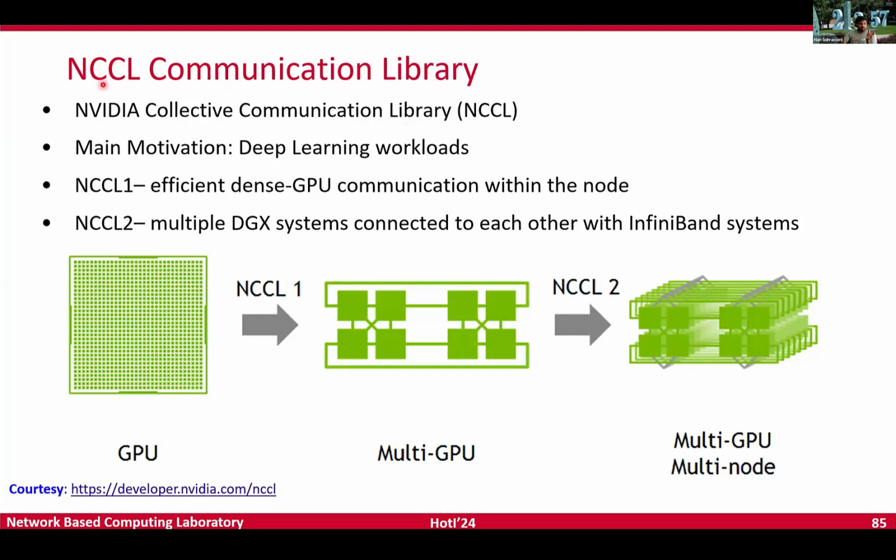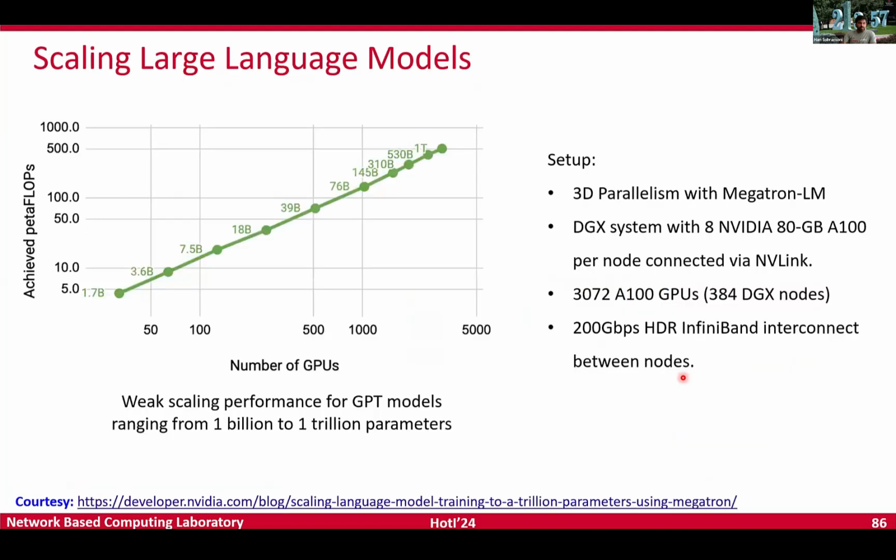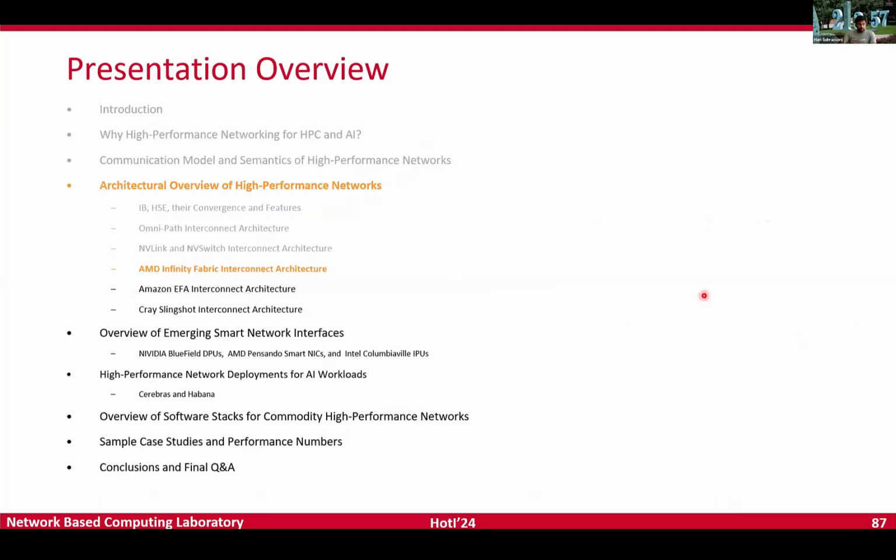Although the name is Collective Communication Library, nowadays they have support for all sorts of collectives as well as point-to-point operations. And these give you excellent scalability and performance for single node as well as multi-node NVIDIA plus IB enabled systems. And this shows how your large language models scale with NCCL on modern NVIDIA DGX GPU systems.